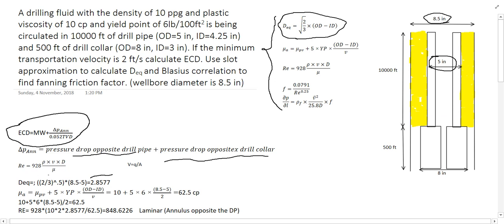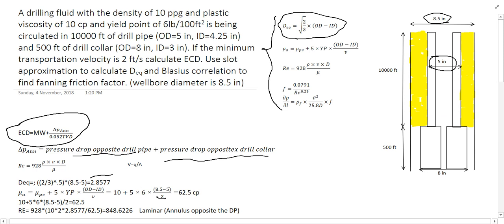The apparent viscosity is the plastic viscosity, which is 10, plus 5 multiplied by the yield point, which is 6, multiplied by the OD, which is the wellbore diameter 8.5, minus the ID, which for the drill pipe is 5, divided by the velocity, which the question mentioned is 2. If we do the calculation, the apparent viscosity is 62.5 centipoise.